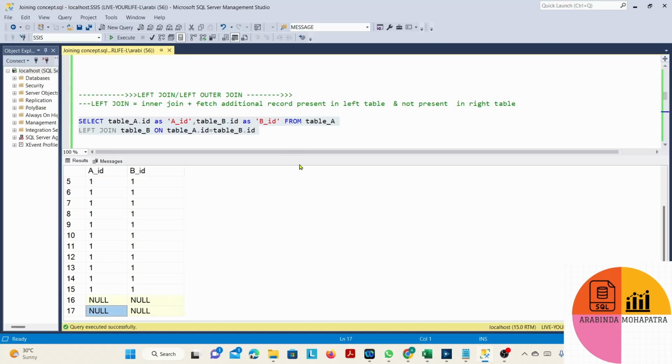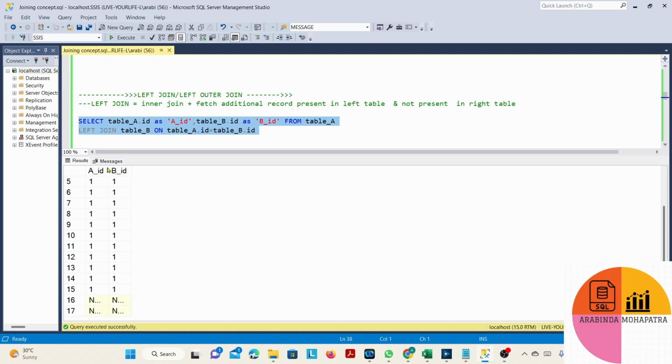Now let's run this left join. If we fetch the records, the count comes to 17. So the total number of records fetched from these two tables with the left outer join is 17.